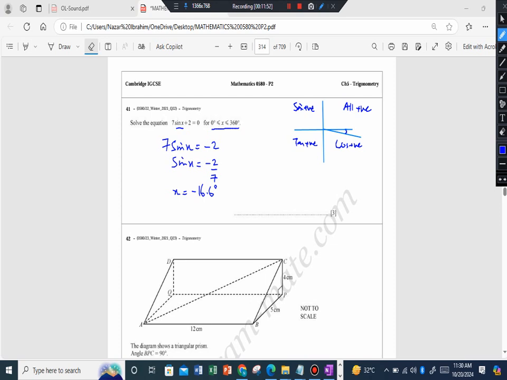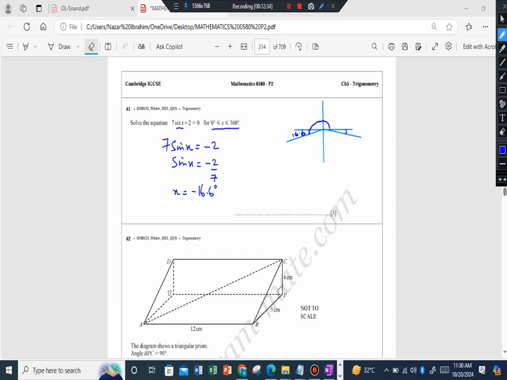Now how to calculate the angle in the third and fourth quadrant? Let us see that. Our base angle is 16.6. The line should be lying somewhere over here in the third quadrant. If I calculate this angle, it starts from here, and the base angle is always the same, this is 16.6.